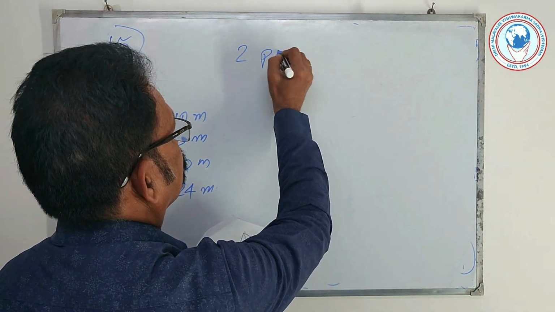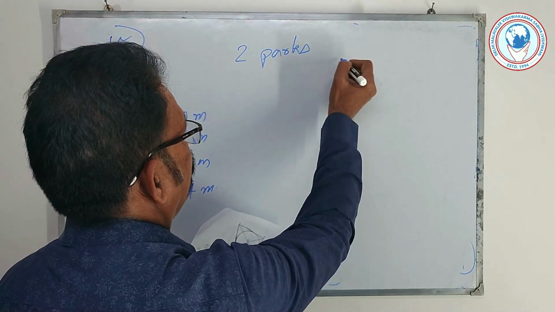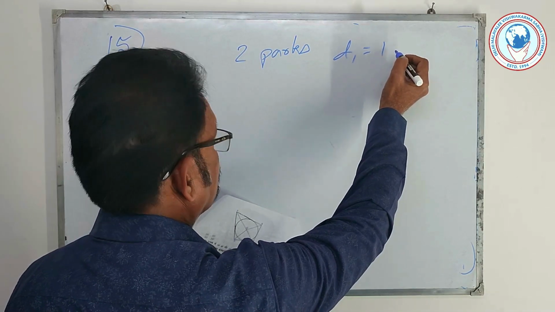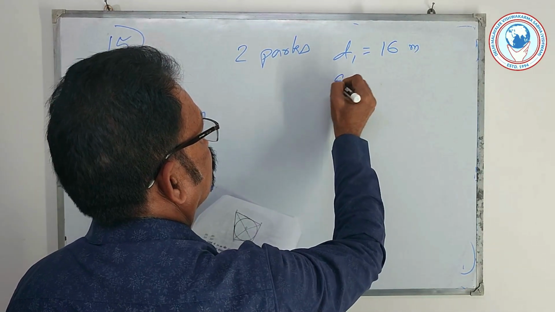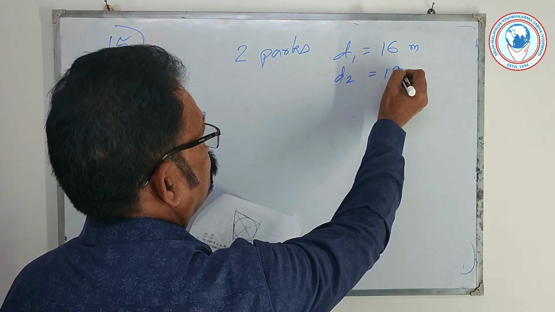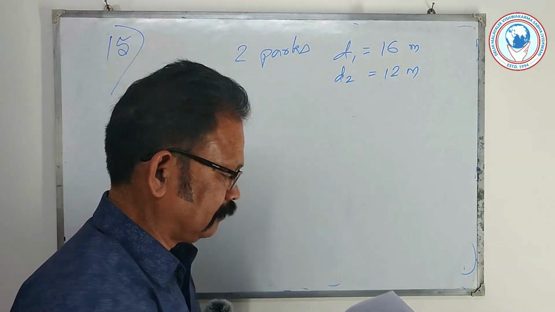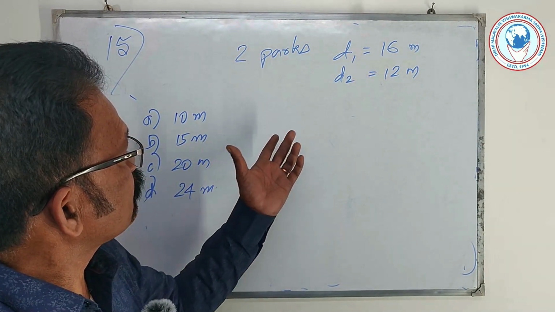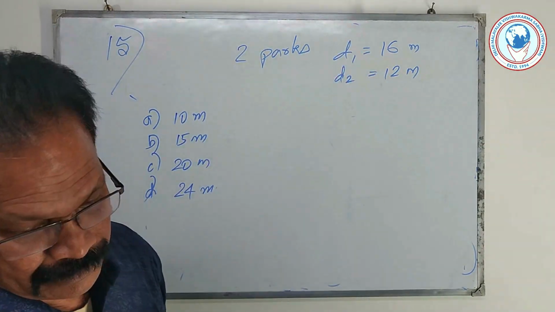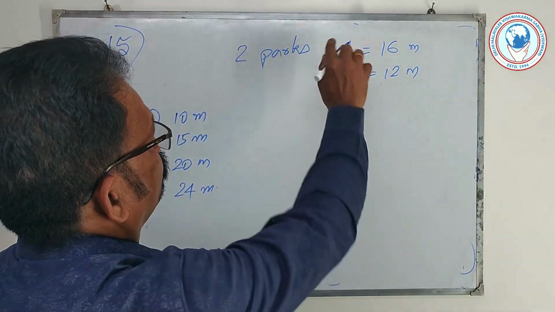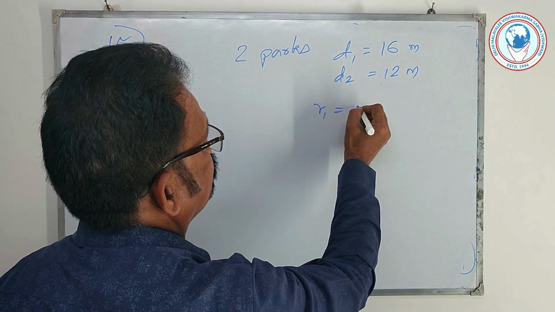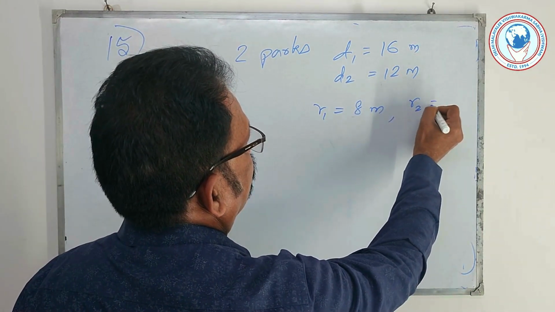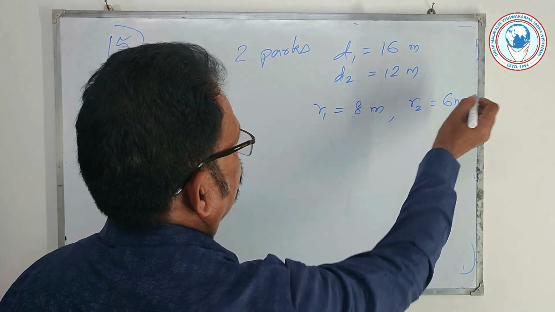Two parks of diameter 16 meter and second one 12 meter. So we want to build a new park whose area is equal to the sum of the given two parks. So radius of the first park is 8 meter and radius of the second park is equal to 6 meter.